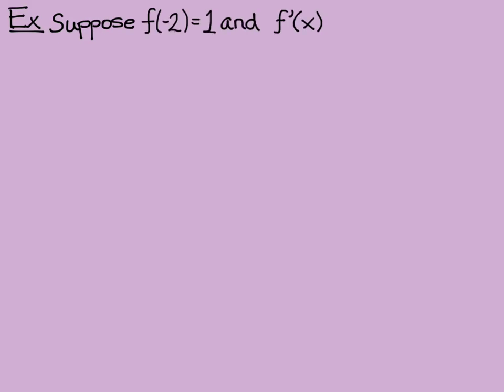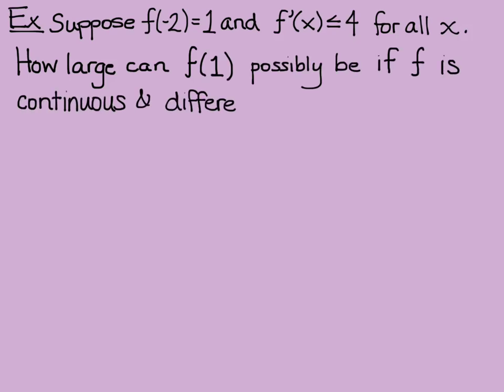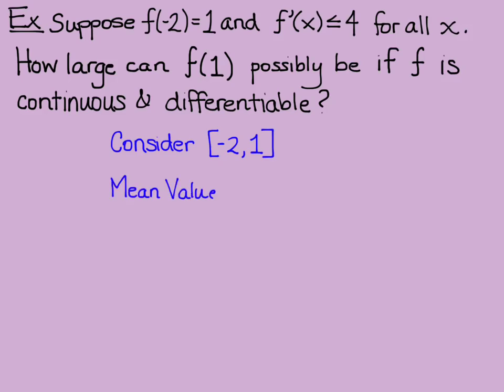Let's try a problem using the mean value theorem. Suppose that f of -2 equals 1 and f prime of x is less than or equal to 4 for all x. We want to know how large can f of 1 possibly be if f is both continuous and differentiable. Consider the closed interval from -2 to 1.